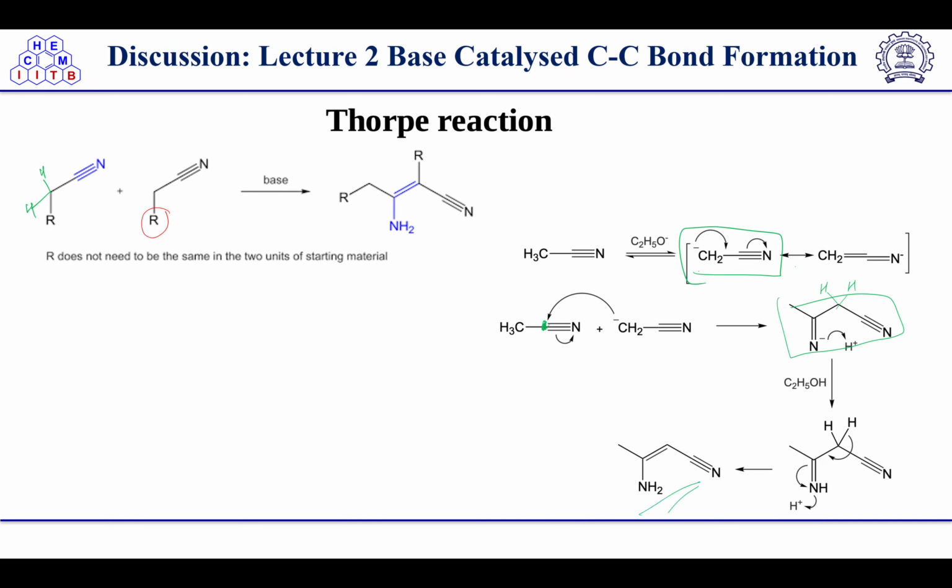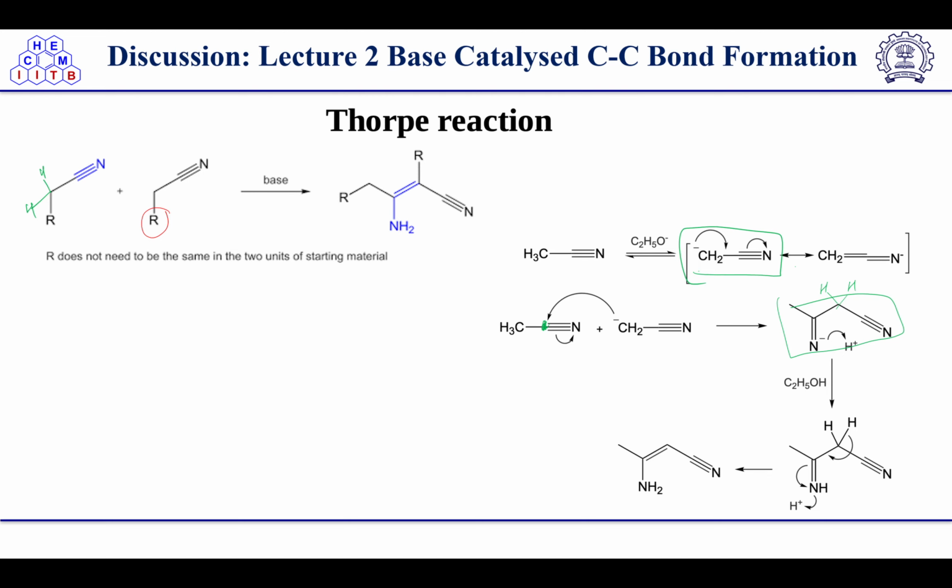So we will get the enamine product here, the nitrile product. Okay, so this is the mechanism of the Thorpe reaction. Is everybody clear with this mechanism? Any question, any doubt?